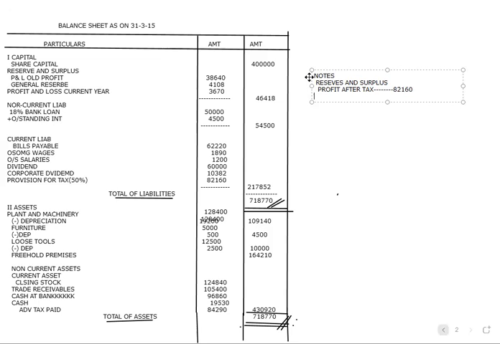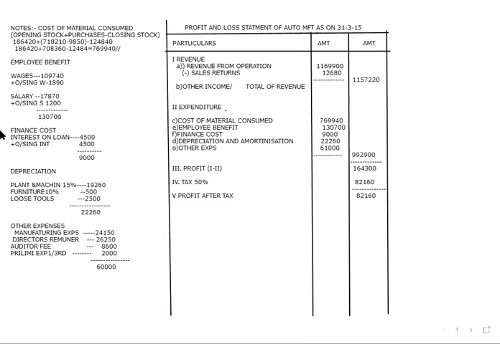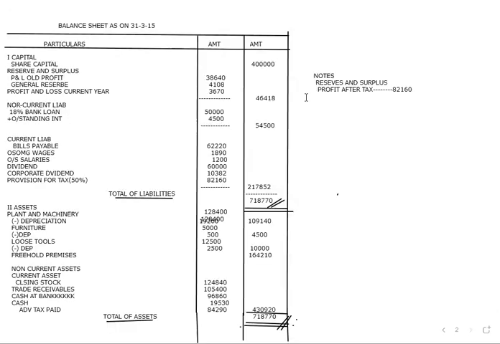Whenever it is written off, I'm going to minus it from the P&L account. Then the balance is 4,000, so that balance 4,000 I am minusing here. All the items we are just minusing.